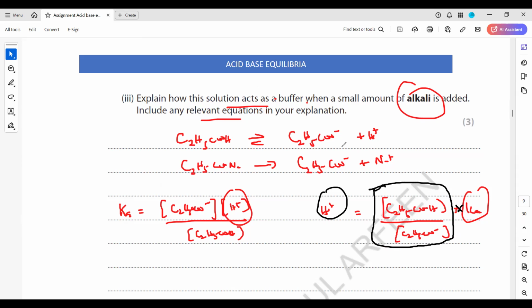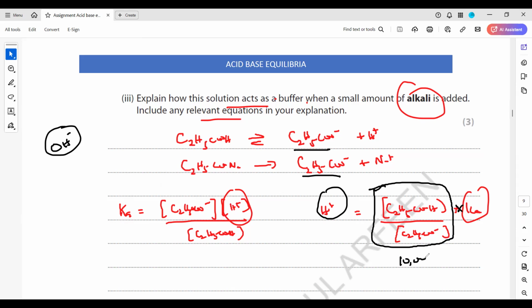Because we have plenty of the negative ion, one from the acid and another from the salt, we have an excess of this negative ion. So even when we add a small amount of alkali, OH, say this ratio, if I give a number, this is already large because it's molecules of acid.